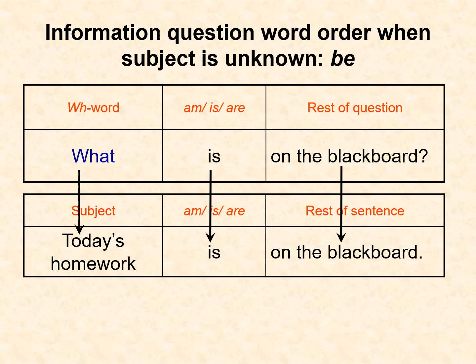This is a little bit confusing, but the idea is that there are some examples of questions where the order of the words is not different from the order of the words of a statement. These are the minority, but they exist.